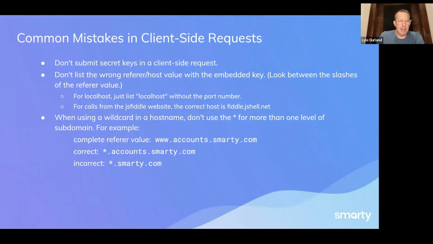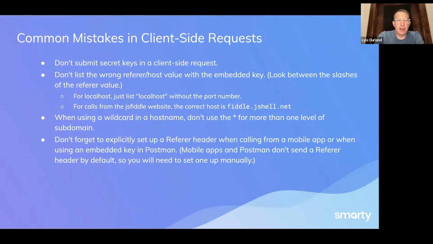Let's see, what do we have next? Yeah, another common mistake in client-side requests. I mentioned these before, but in the context of mobile apps and Postman, don't forget to explicitly set up a referrer header when calling from a mobile app or when using an embedded key in Postman. That's because mobile apps and Postman don't send a referrer header by default like browsers do.